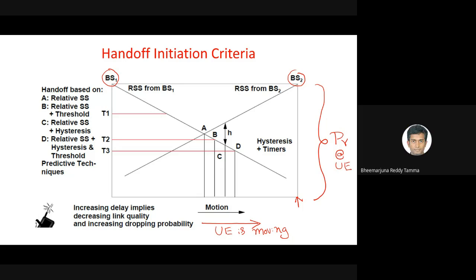Yes, sir. But let's say you have a smart machine learning algorithm where you are predicting the path of the user, and you also know the terrain of the region where the user is moving. Currently you see that the signal strengths of these two base stations are exactly the same.